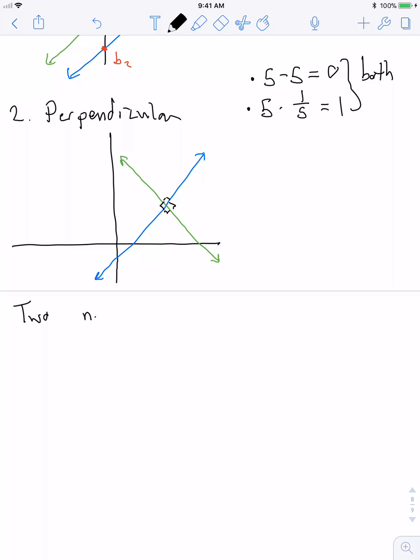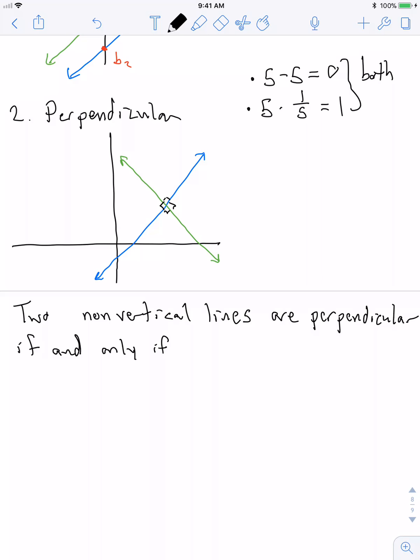So two non-vertical lines are perpendicular if and only if their slopes are negative reciprocals of each other.